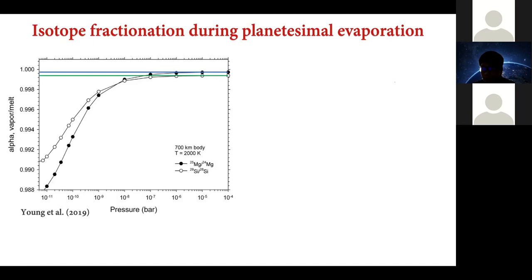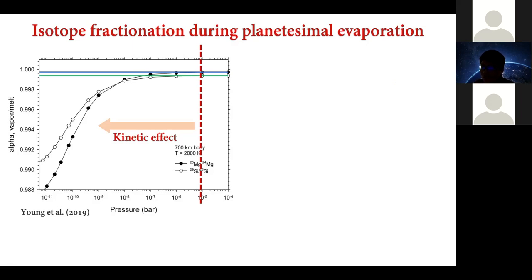And when the pressure is very low, the net isotope fractionation is controlled by the kinetic effect, kinetic fractionation. In this case, the net isotope fractionation between vapor and melt is negative, which means that the evaporation will make the melt enriched in heavy isotopes.